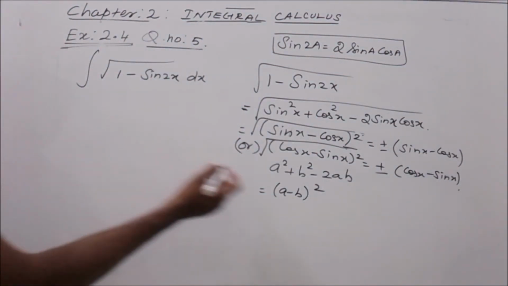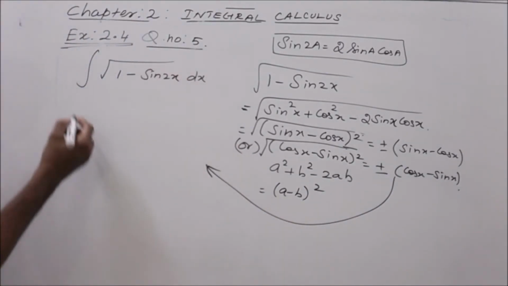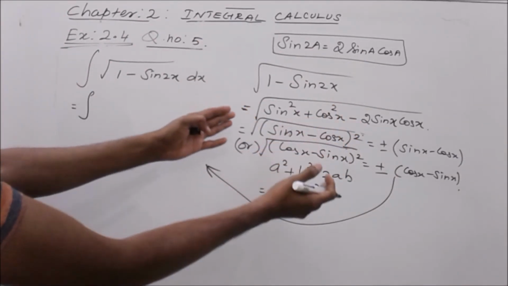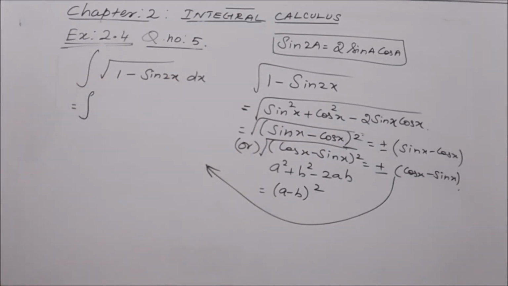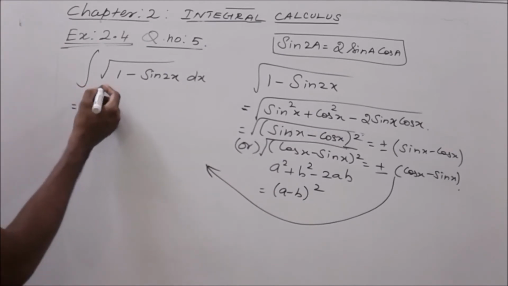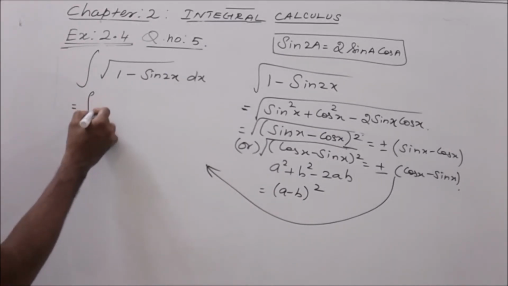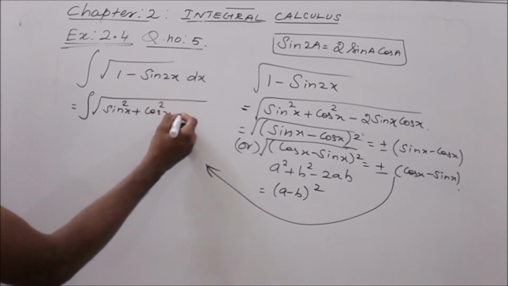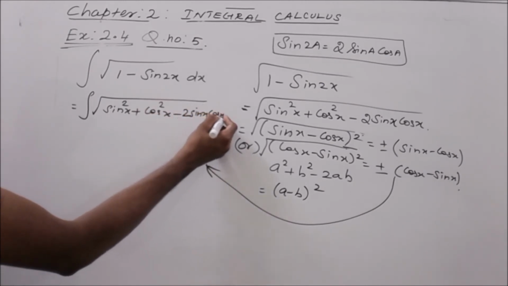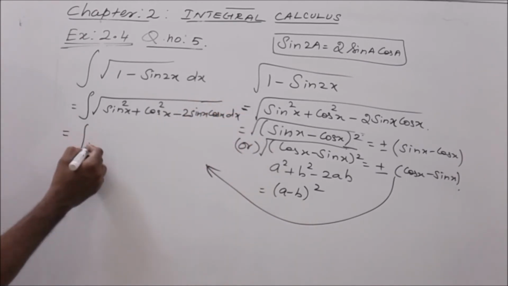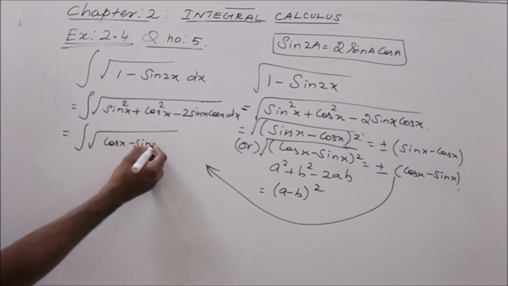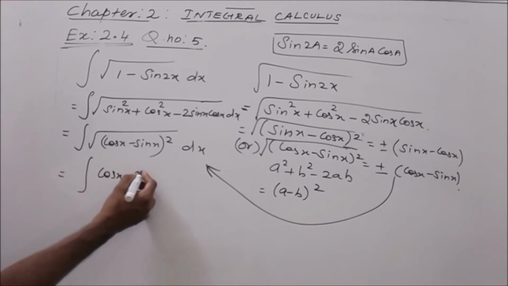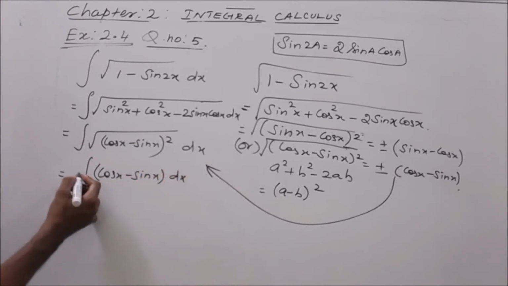Now I am taking the last one here. You should show these steps. The integral of root of 1 minus sine 2x is equal to integral root of sine square x plus cos square x minus 2 sin x cos x dx, which is equal to integral root of (cos x minus sin x) whole square dx, which is equal to integral of (cos x minus sin x) dx, put plus or minus here.